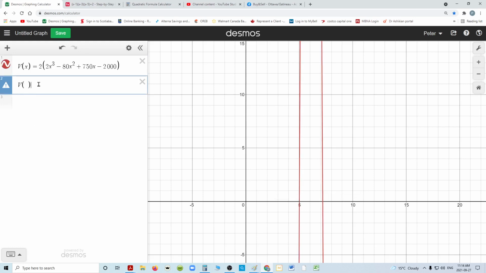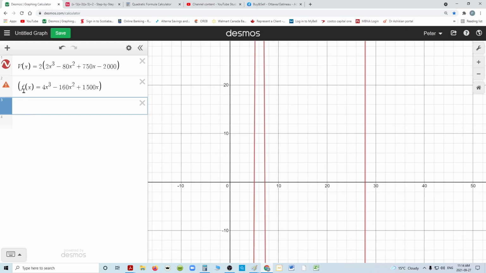If you take the original graph, that's it.